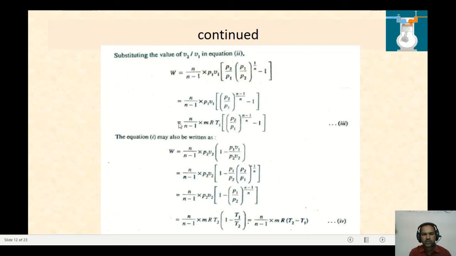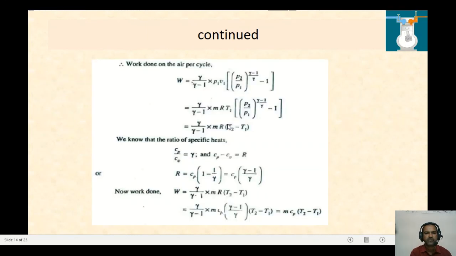The work done for the polytropic process is the same, and gamma is also the same, just replace n with gamma. See here, n divided by n minus 1 is there, here gamma divided by gamma minus 1 mRT1 P2 by P1 raised to gamma minus 1 divided by gamma minus 1. We use this formula for finding the work done for the isentropic process.